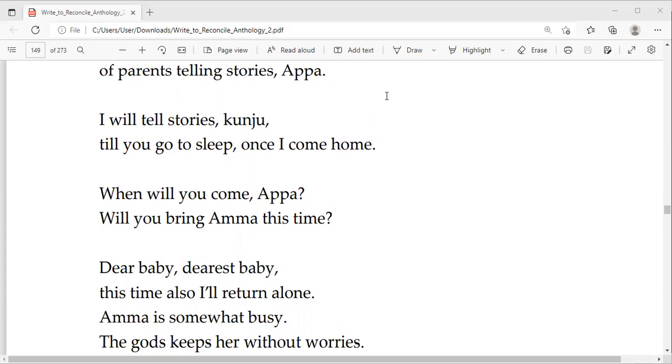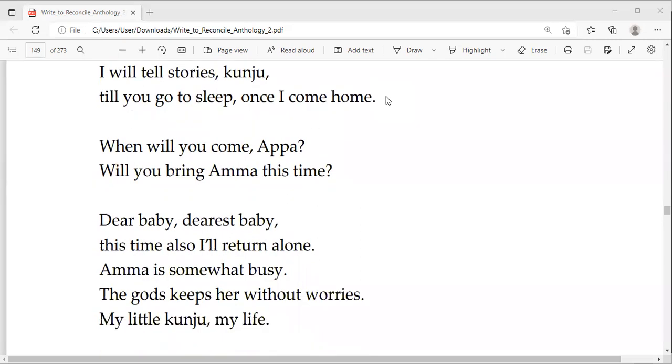When will you come, Appa? Will you bring Amma this time? Dear baby, dearest baby, this time also I will return alone. Amma is somewhat busy. The gods keep her without worries. My little Kunju, my life.